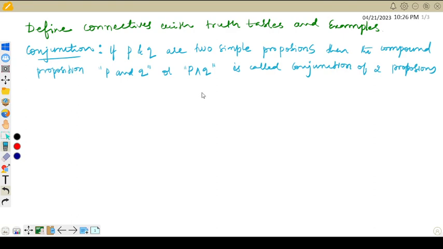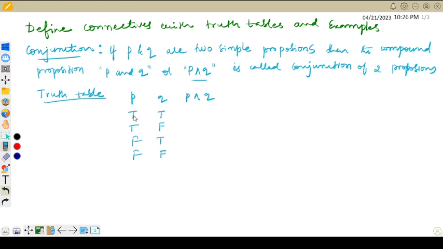Now we are going to discuss what is a truth table. Truth table of conjunction, also called AND, is given by this. Let us construct a truth table with P, Q and P and Q. Let us take the possibilities true, true, true, false, false, true, false, false.